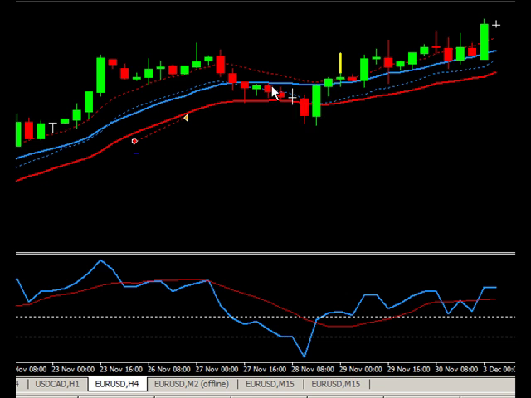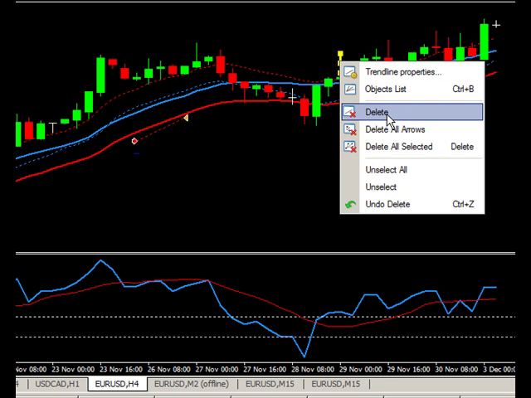The whole time the blues are in the middle here, both the dotted and the solid are in between the reds. And again, this is for a long. So once that happens, again, the close above, and we still have the reds on the outside and the blues in between, we can get long.